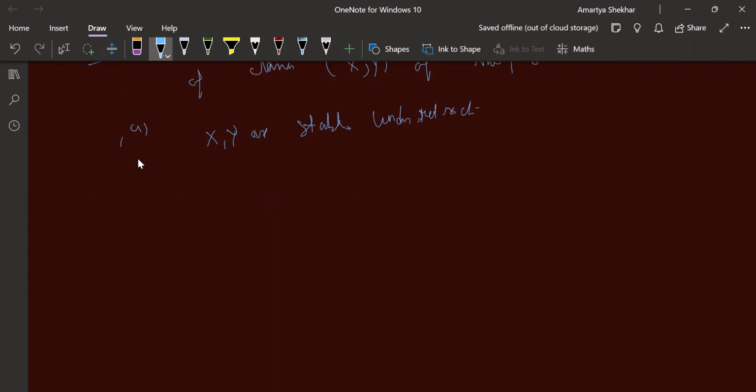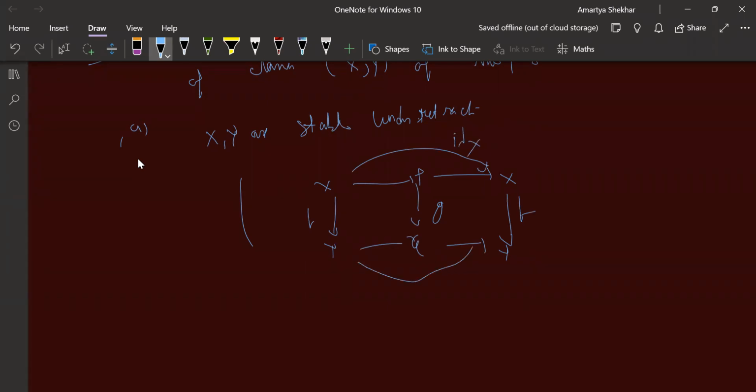Let me draw it. Let me name this G and this F. So F is a retract of G, and this composition is the identity of X, and this composition is the identity of Y. Stability under retracts means that if G is in X, or G is in Y, so is F.